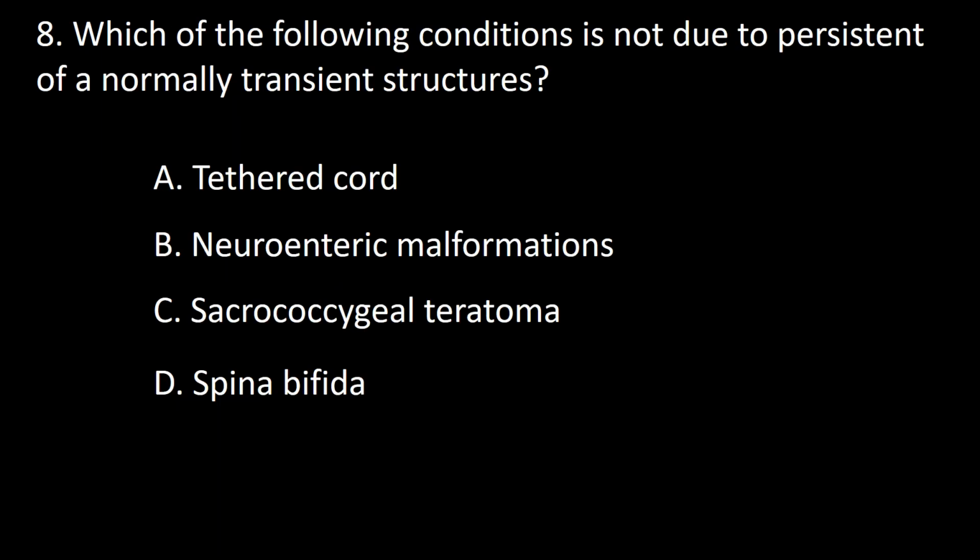When this process is interrupted, a neuroenteric fistula may form, or in other occasions, when there is an overgrowth of the endoderm, a cyst may form with or without connections between the ectoderm and the endoderm. So the answer to this question is D.